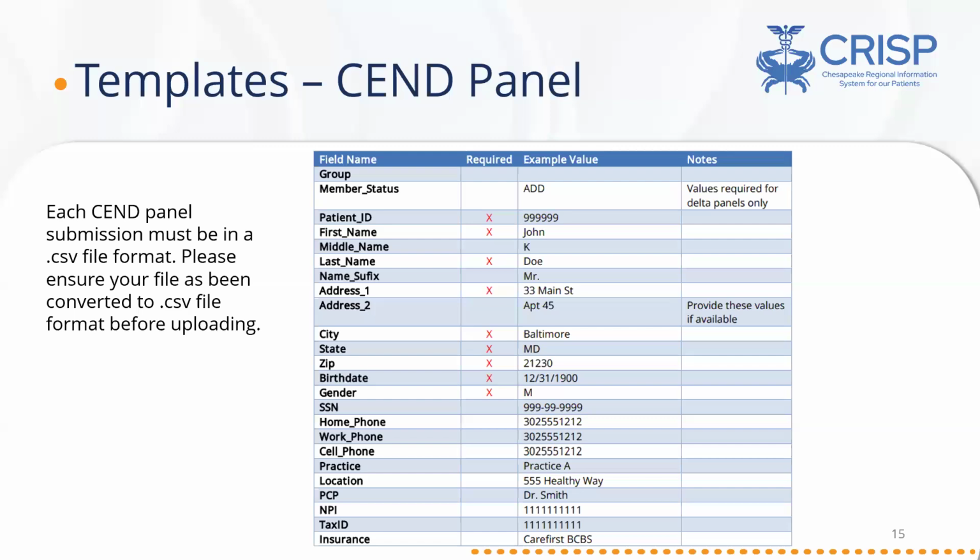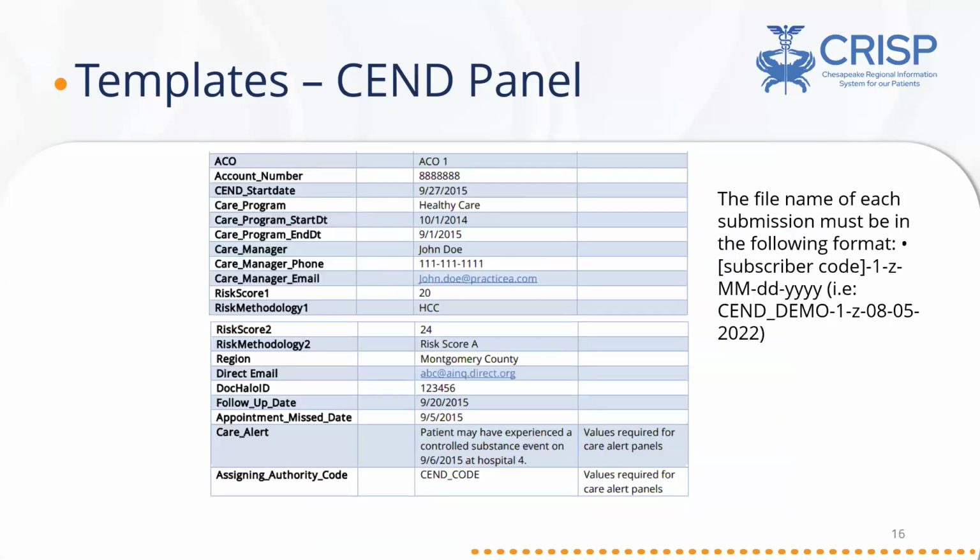I'm not going to go through all of these fields individually, but I just wanted to give you a sense of what is available for you to send on your panel. The other thing that I will keep in mind for folks is you can use this section to send a care alert. We have more information about care alerts on our website and what you should think about sending in the care alert field, and what kind of information we're looking for there.